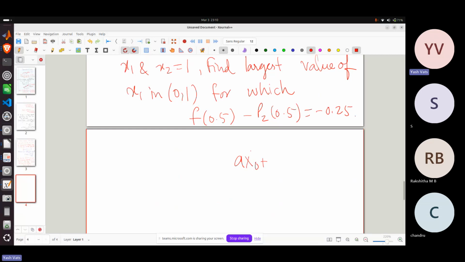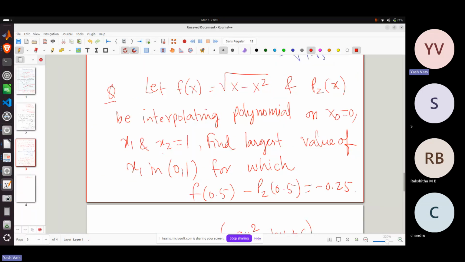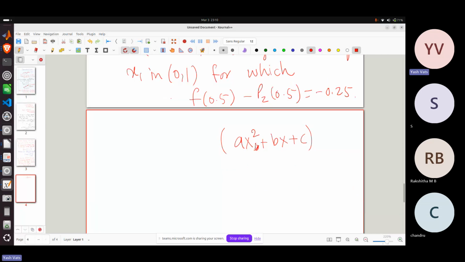I just write ax square plus bx plus c. That will be your polynomial. And f at 0.5 you can easily calculate using this equation here. So f at 0.5 I just write directly like this, and this will be your minus 0.25.